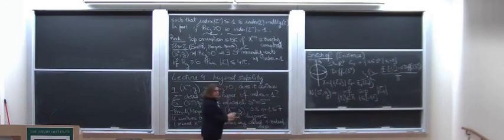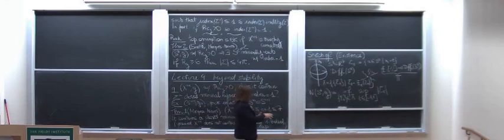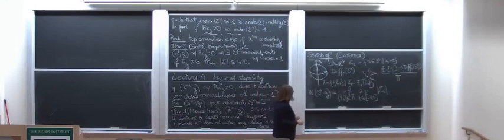Okay, so for any given sweepout, you look at the largest surface that you need to go through the sphere, and then you try to optimize over the sweepouts, okay?